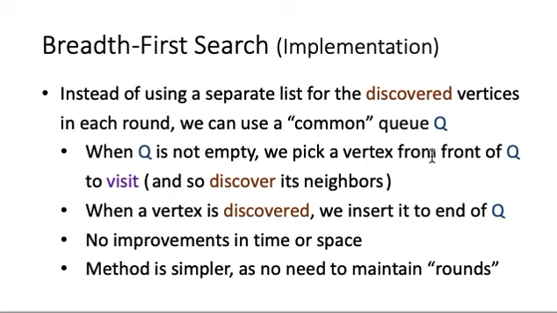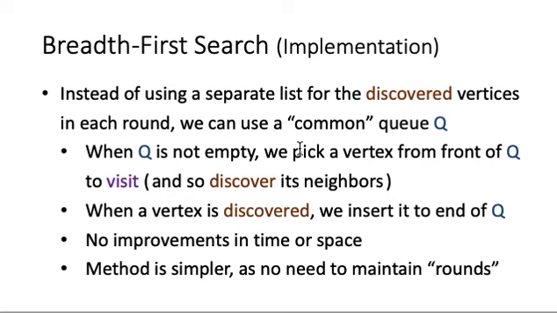The earlier the vertex is in the queue, the earlier it was discovered. When we visit a vertex picked from the front of the queue, we do the same thing as before: we discover its neighbors. When a vertex is newly discovered, we simply insert it at the end of the queue.